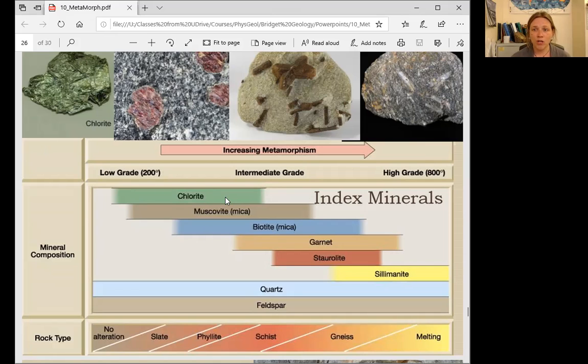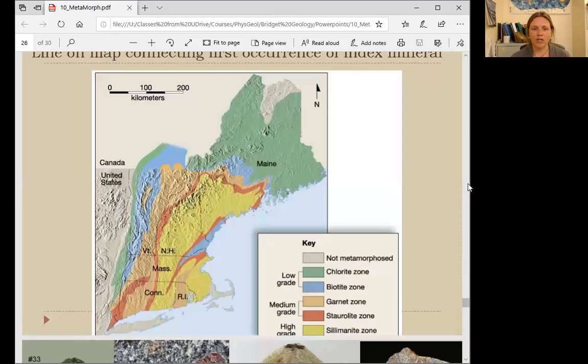Then, of course, we know these different sets of index minerals exist within rocks of different grades, like slates and phyllites being lower grades, and schists and gneisses being higher grade types of environments. Then we can go back to what we looked at before and look at these bands of different kinds of rocks within the environment that can be identified by these index minerals.